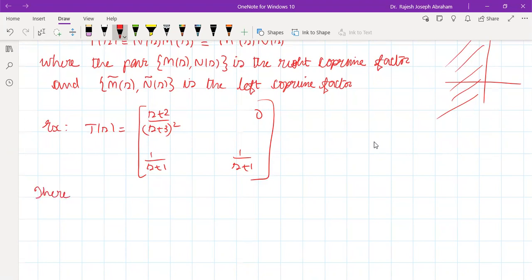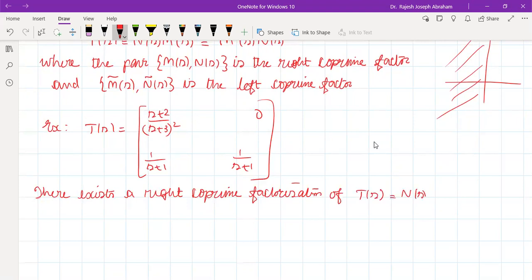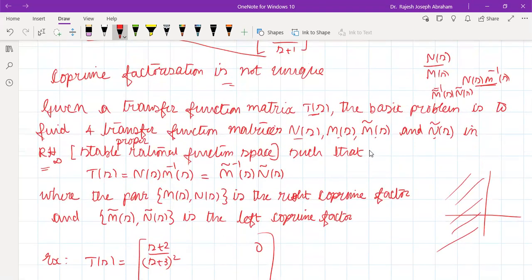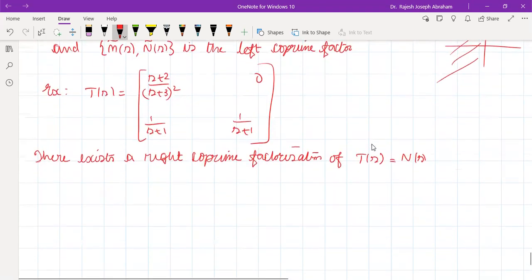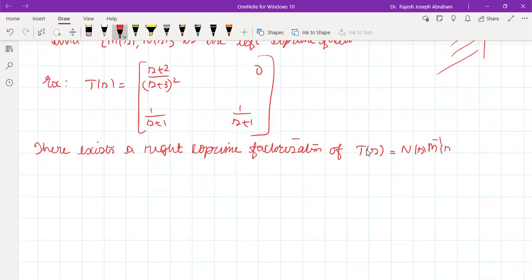There exists a right coprime factorization of T of S, which is nothing but N of S M inverse, such that, so one example could be like this.